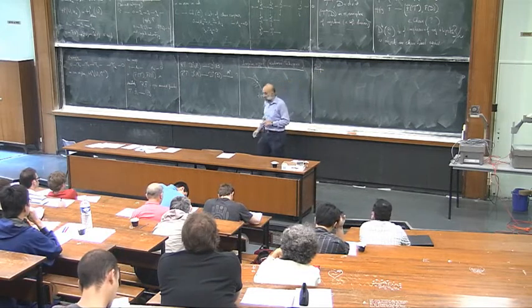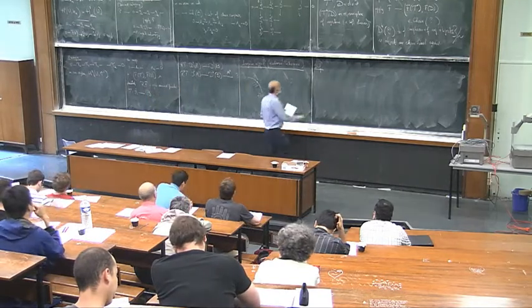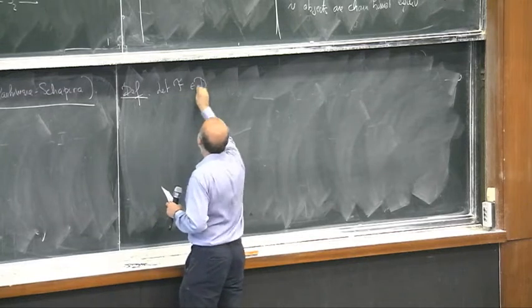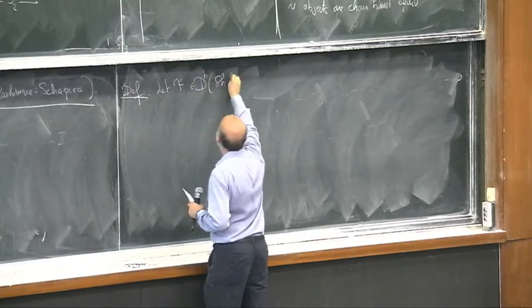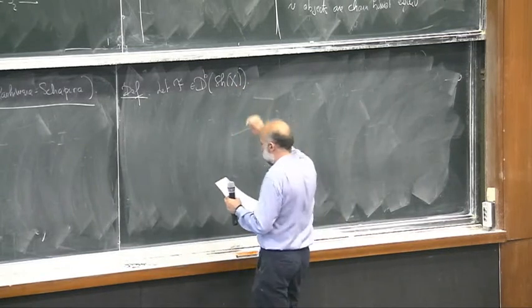And so the definition is as follows. Let F be a sheaf. But actually, I can take it in the derived category of sheaves, because what I'm going to say is not only going to depend on the class here.